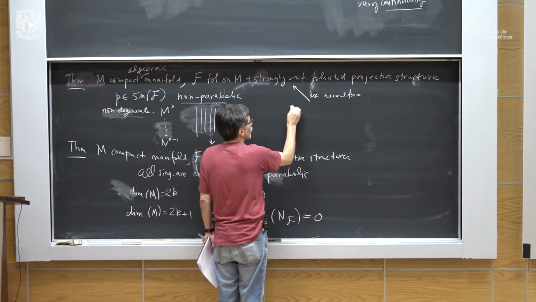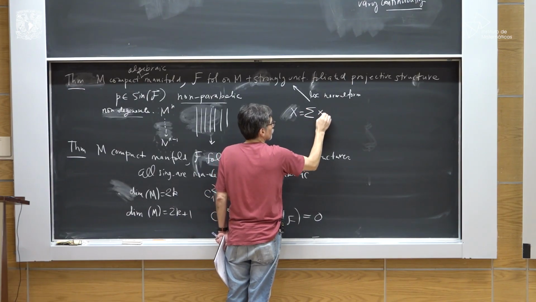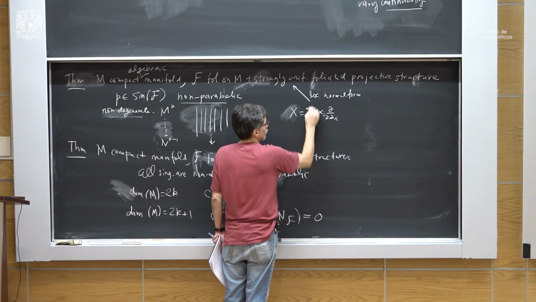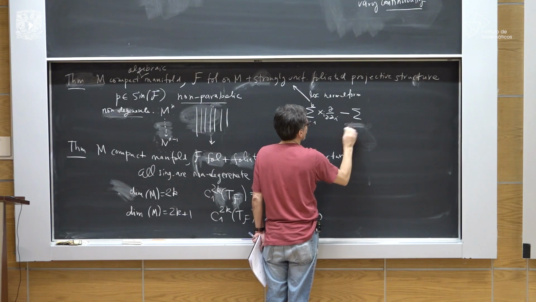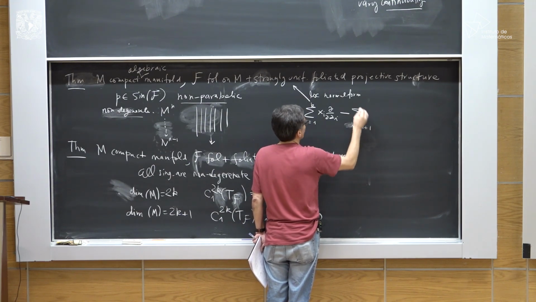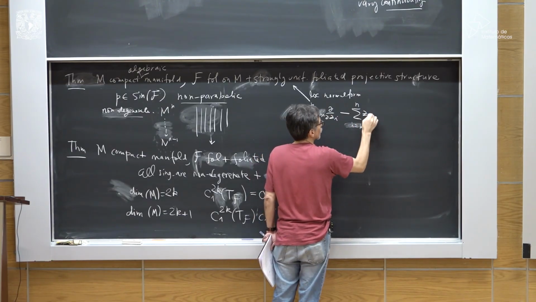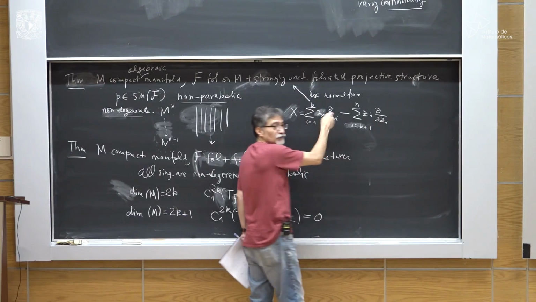Then your foliation is given locally by a vector field of the form, so you have just plus 1s and minus 1s as eigenvalues.